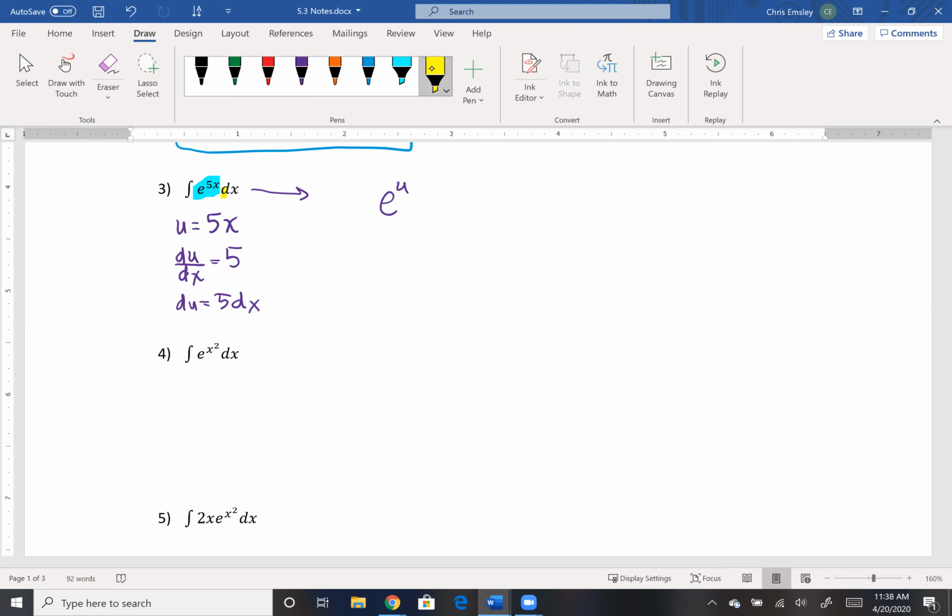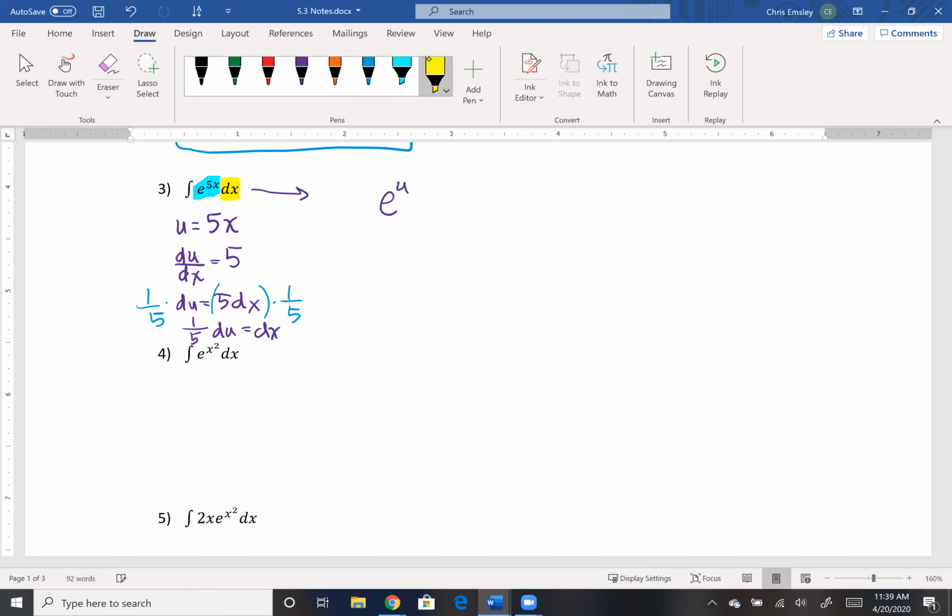And then the only other thing we have is the dx. Oh, wait a second. We don't have just a dx here. We have a 5 dx. So we'll do it the multiplication way this time. Either divide by 5 or multiply both sides by 1/5. So we end up with 1/5 du equals dx.